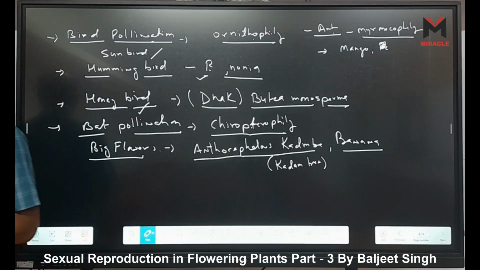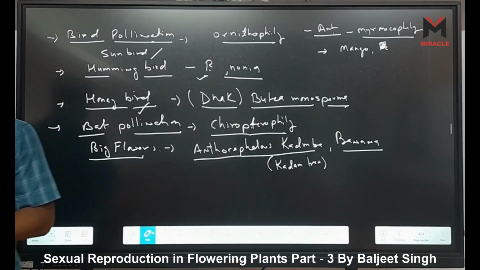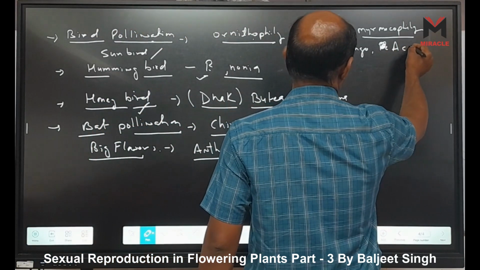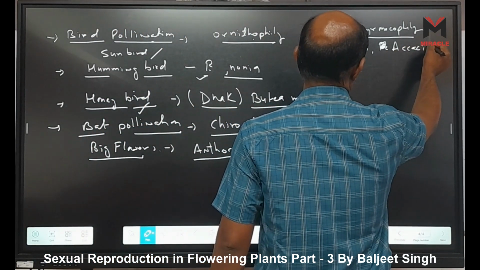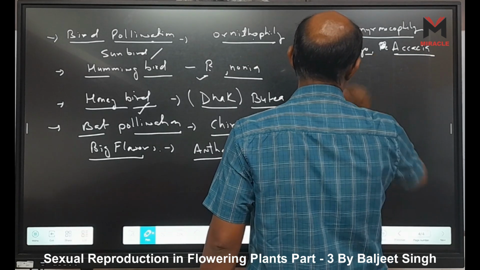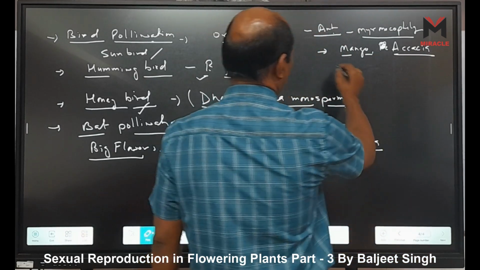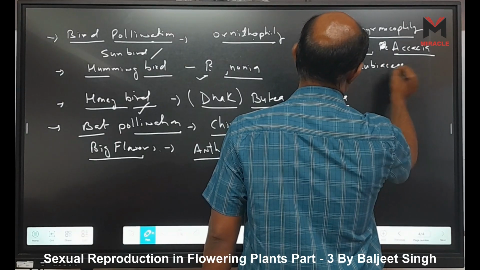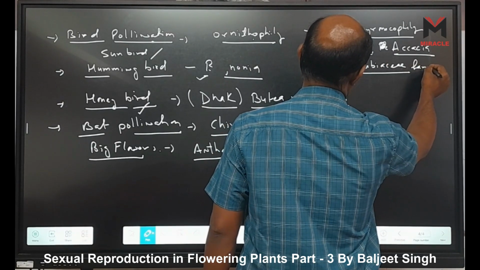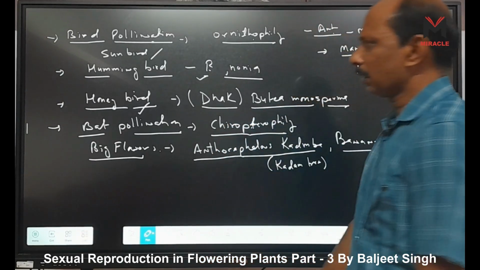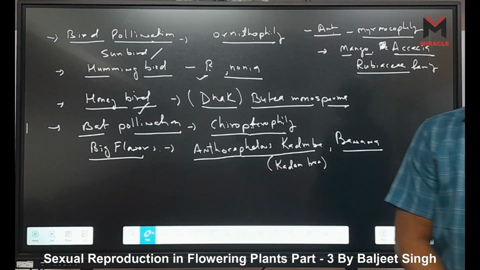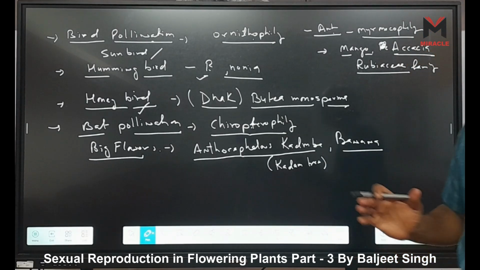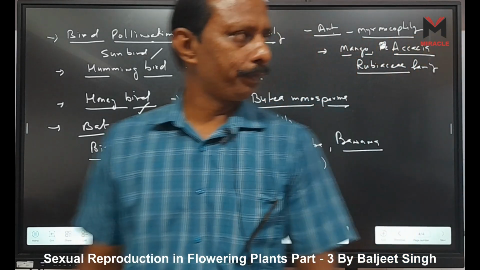So in case of mango, another one is acacia also. Mangifera indica, acacia, and some plants of the Rubiaceae family. These are some examples which are not in our NCERT, but I tell you here because they may be asked in our exams, right?